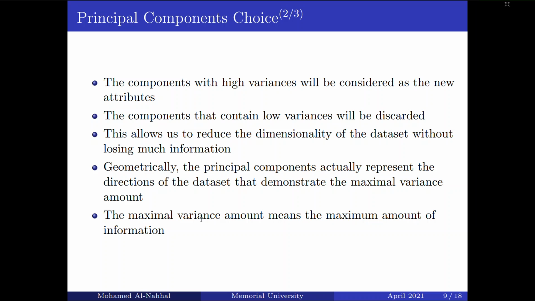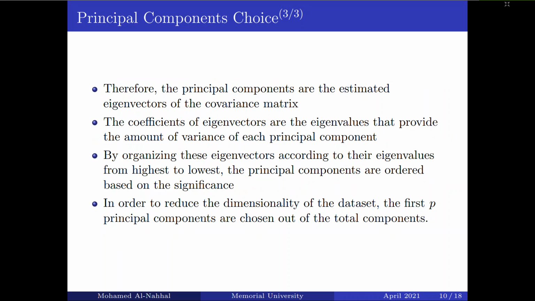Geometrically, the principal components actually represent the directions of the dataset that demonstrate the maximum amount of variance. The maximum variance amount means the maximum amount of information. Therefore, the principal components are the estimated eigenvectors of the covariance matrix, and the eigenvalues provide the amount of variance of each principal component.